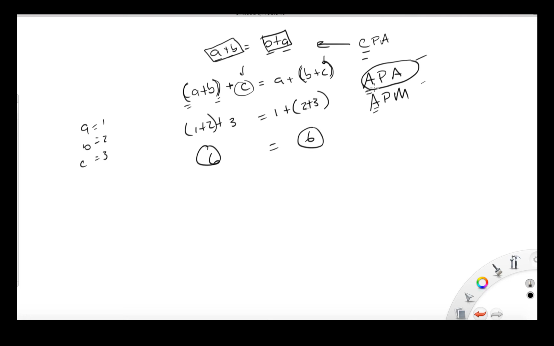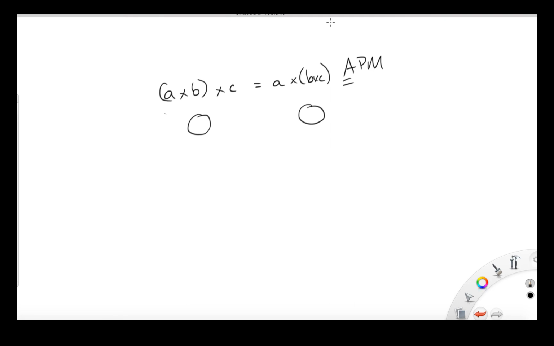Okay? So the same is going to be true of the associative property of multiplication. APM is going to look something like this: (A times B) times C equals A times (B times C). Same thing. These are still going to equal the same number on both sides, but this is the associative.